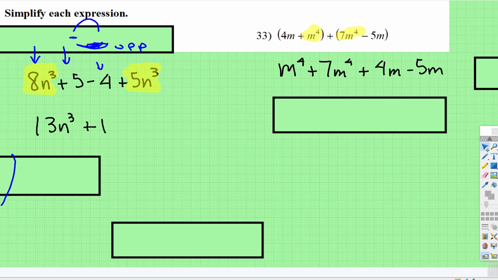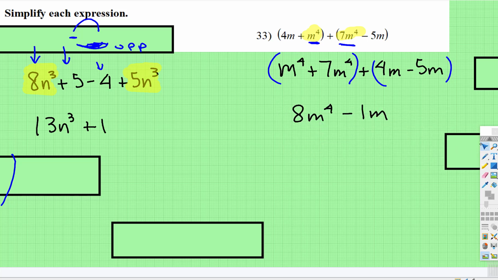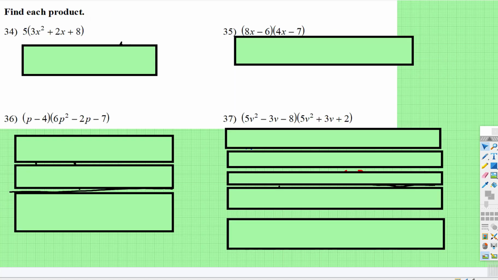If some of you have a hard time or maybe make a lot of clerical mistakes, rewrite them, remembering the associative and commutative properties of addition. You can move things around and regroup things. We could just regroup that. So 1m to the 4th plus 7m to the 4th is 8m to the 4th, and 4m subtract 5m is negative 1m.